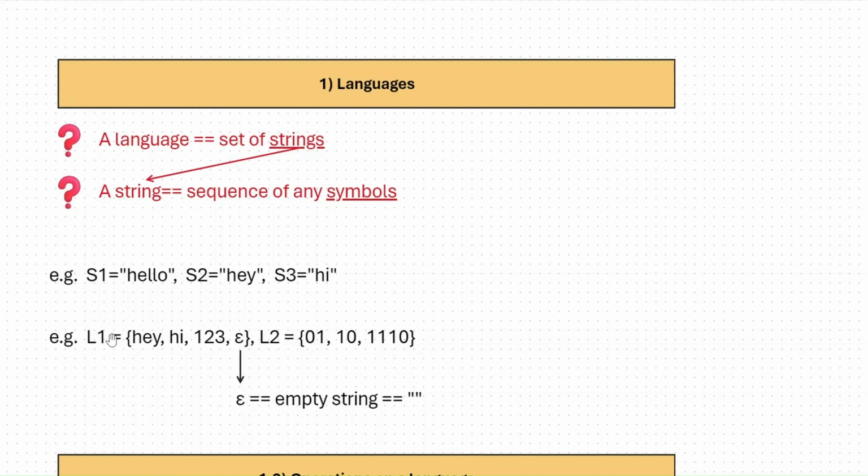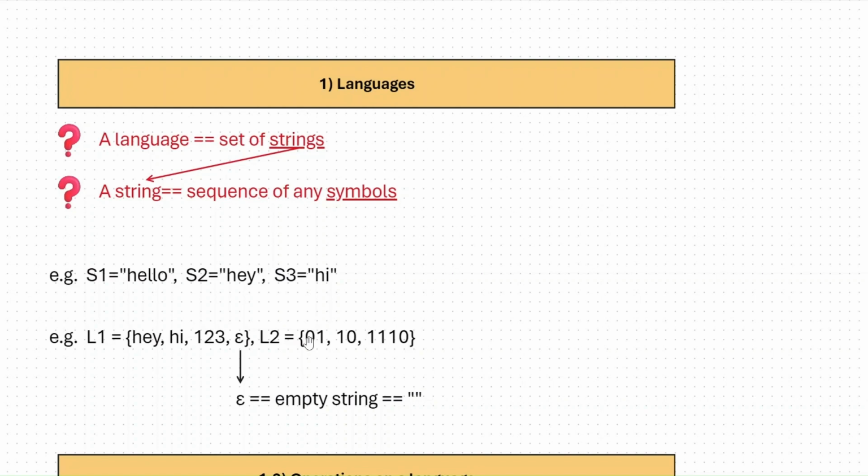And let's say language 1 includes string hey, string hi, and string 1, 2, 3, and also epsilon, which basically means an empty string. We have another example as well, which is language 2, and in that language, the strings are different, but they are also strings as well.